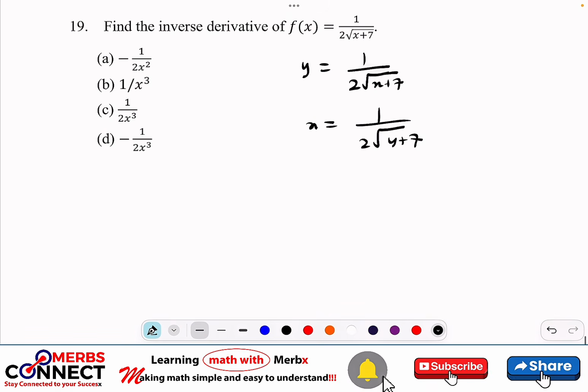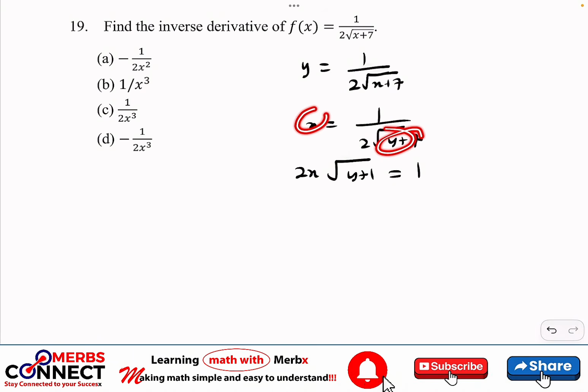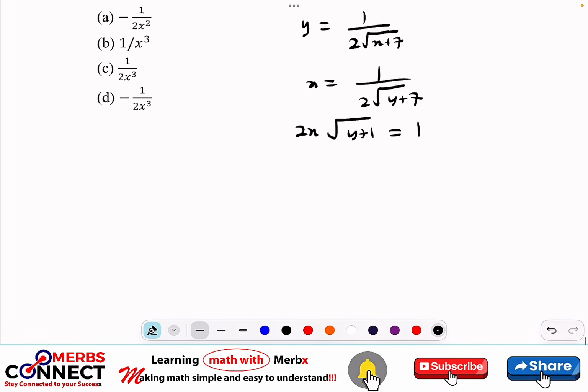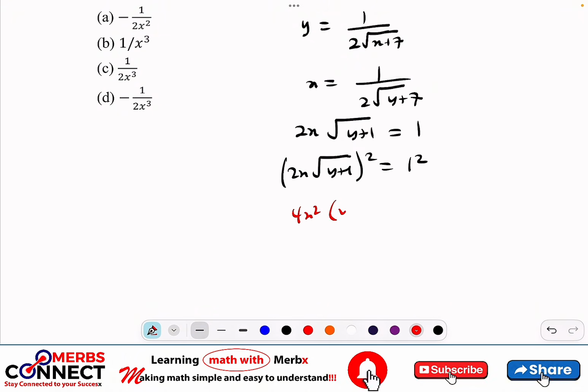Let's do the multiplication. 2x square root of y plus 1 is equal to 1. So I multiply this by this. This is over 1. 1 times this, I have this. Let's square both sides. 2x square root of y plus 1 squared is equal to 1 squared. So this is going to be 4x squared y plus 1 is equal to 1, right?